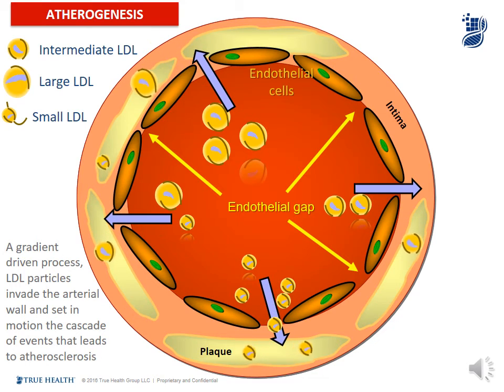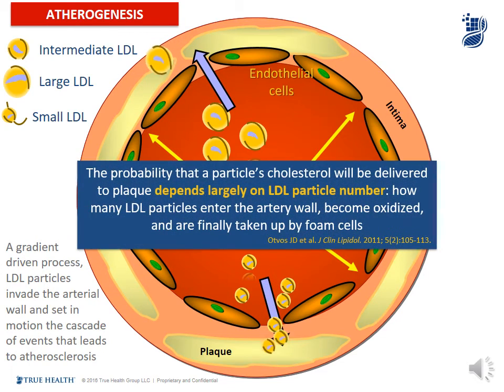So the number one factor that is associated with LDLs entering the arterial wall is not LDL size, not LDL cholesterol, but rather LDL particle count, or of course apolipoprotein B. The probability that a particle's cholesterol will be delivered to the plaque depends mostly on LDL particle number: how many LDL particles enter the artery wall, how many become oxidized, and finally how many are taken up by those macrophages, which will transform into foam cells.